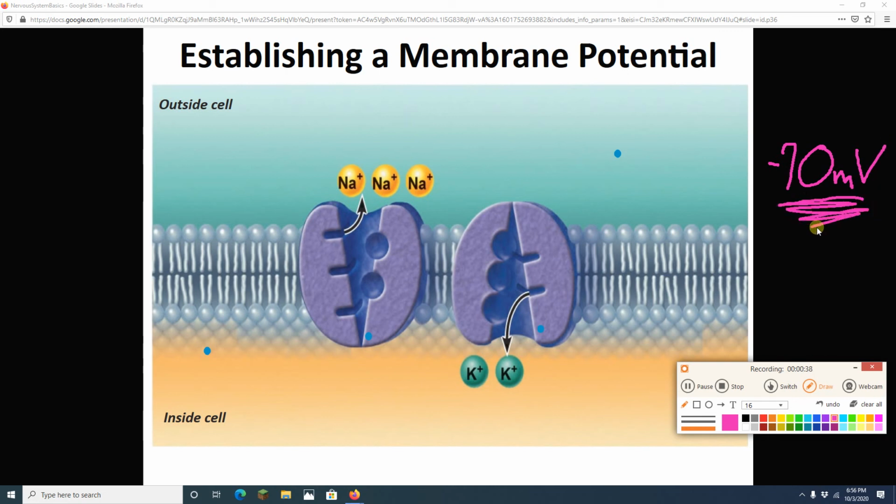And we're going to utilize this difference to send electrical signals. But first of all, we got to figure out how this electrical difference is established.